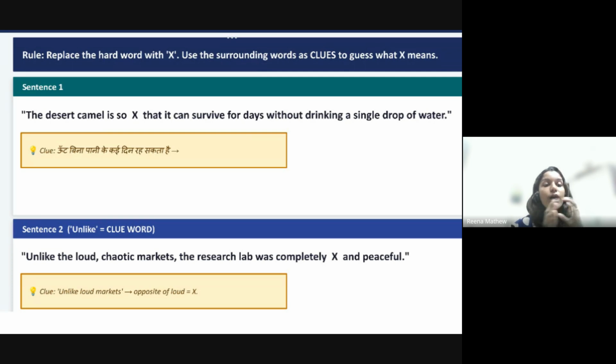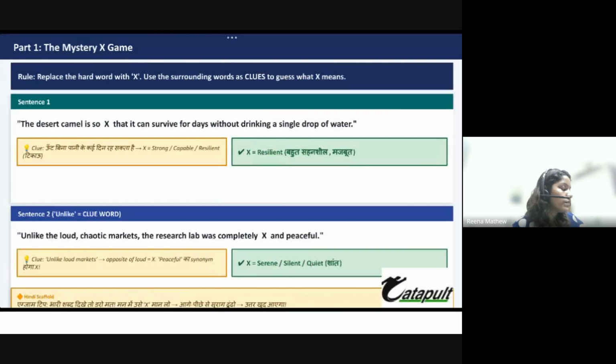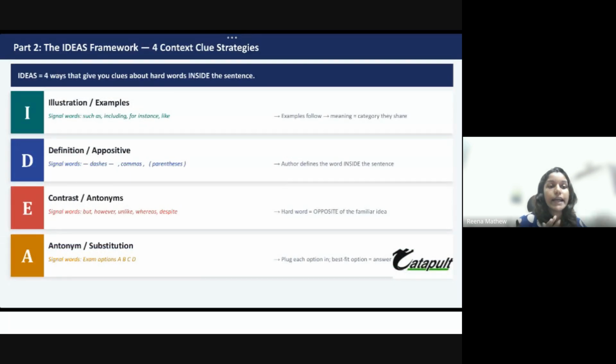So in the first part of the sentence, ka ulta will be the second part. So the opposite of loud or chaotic would be the word for X. That is how you said silent or calm. Right? So that is how we rightly guess the sentences.